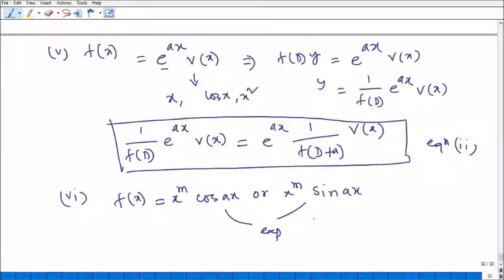So far we have discussed the methods of solving the non-homogeneous and homogeneous differential equation with constant coefficients.